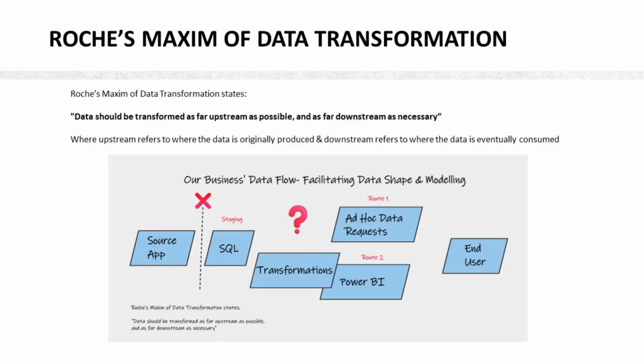Upstream refers to where the data is originally produced, and downstream refers to where the data is eventually consumed. So you could assume that upstream in this diagram I've prepared would be the source app, and downstream would be where the end user consumes those ad hoc data requests, Power BI reports, whatever.